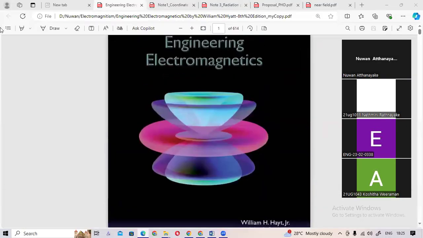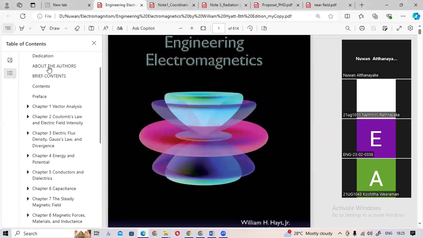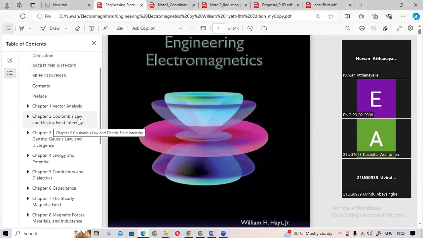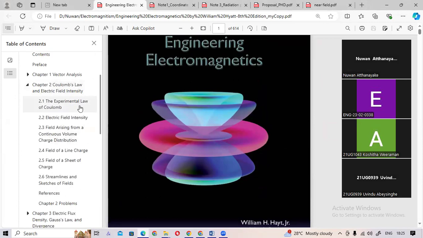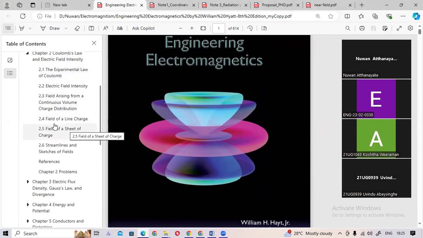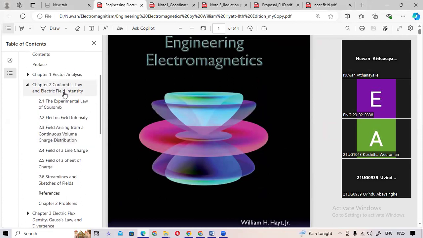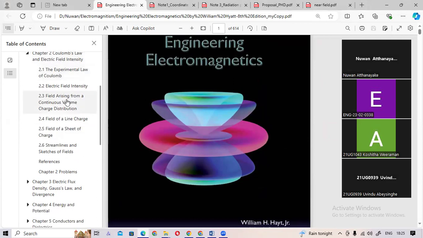Okay, so I think we have done some examples related with Coulomb's law. There we have found the field arising from a point charge using Coulomb's law, and the field of a line charge.